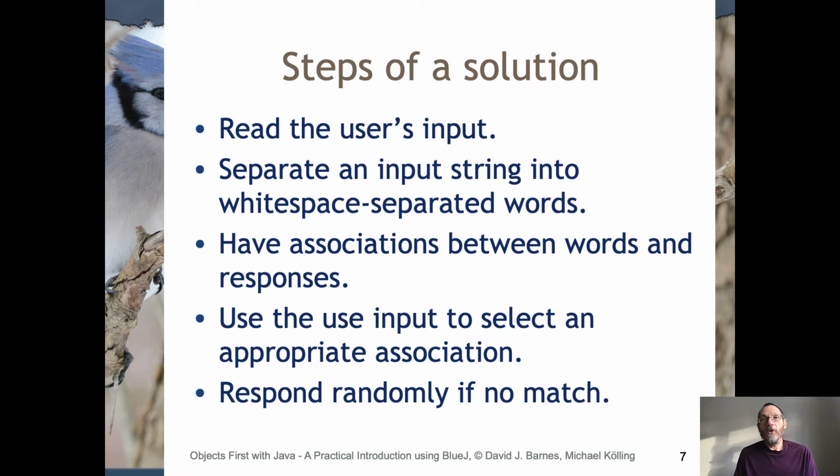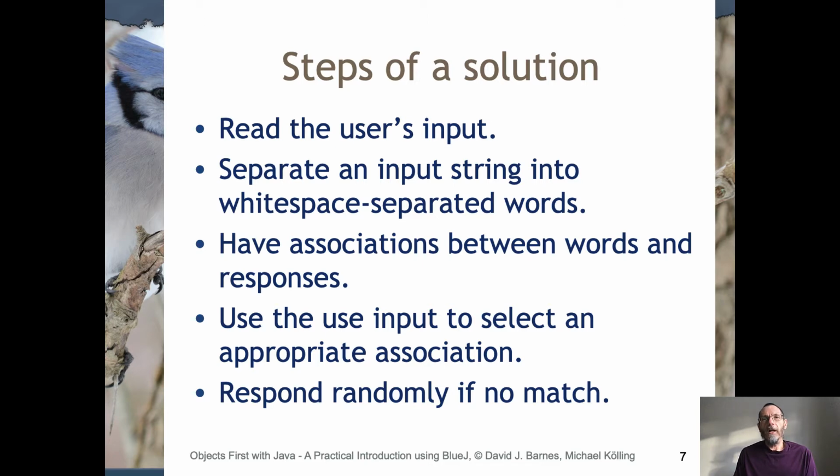And so we're going to be using the user's input to select a response from potentially amongst many potential responses. And then if we can't find a match between the user's input and keywords that we think the user might be typing, then we want to randomly generate some response that invites the customer to further clarify.